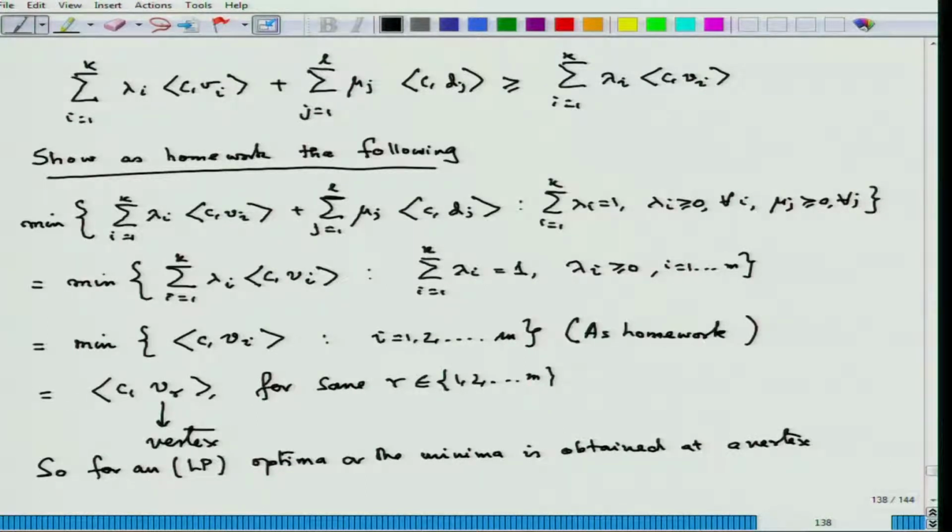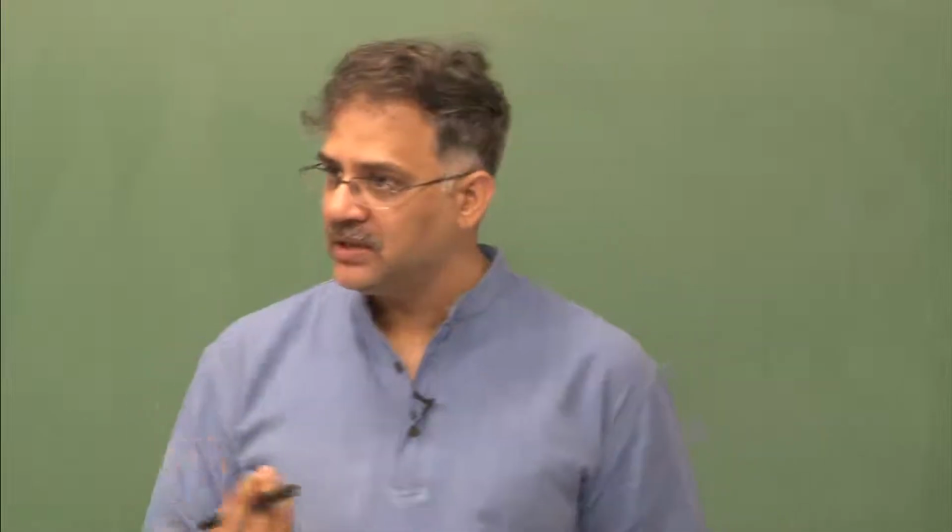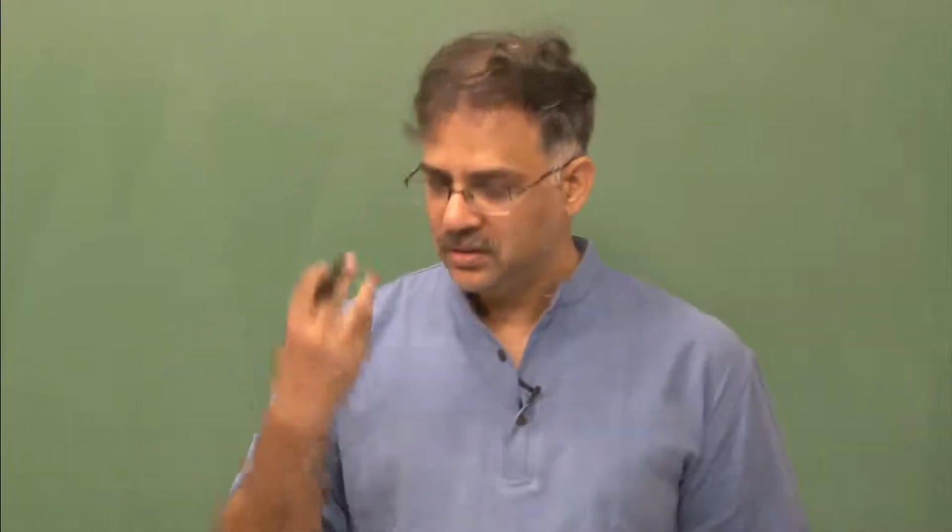Now, these vertices V1, VR, these are also elements of the set C, but these are vertices of a polyhedral cone.